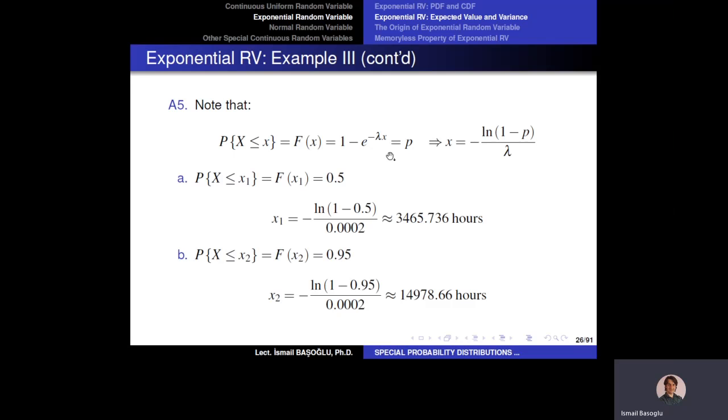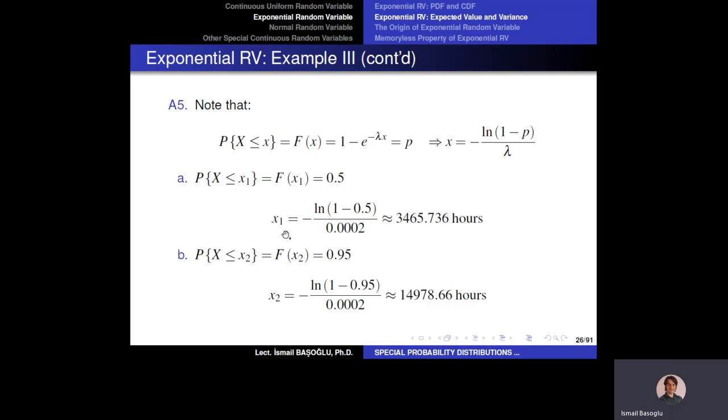So first we say that 1 minus p is equal to e to the power minus lambda x. And then we compute the natural logarithm of both sides. And if we divide this natural logarithm by minus lambda, then we are going to get x. So this function is the inverse of the cumulative distribution function of the exponential random variable.